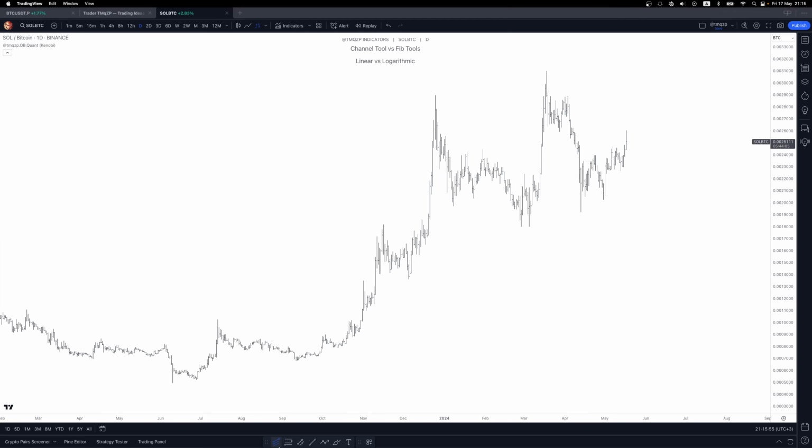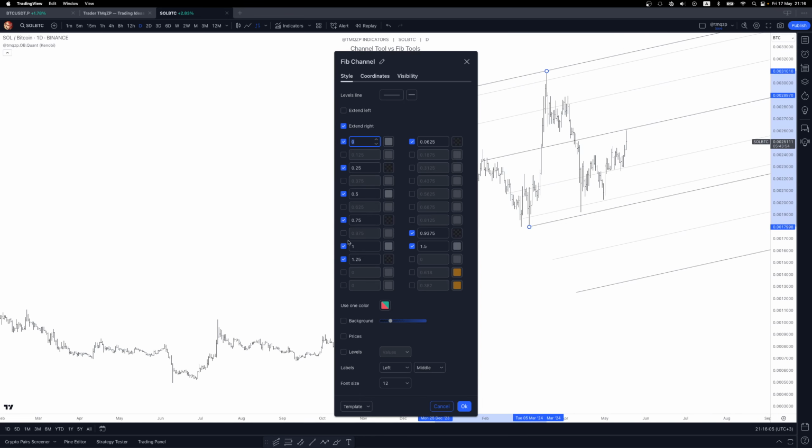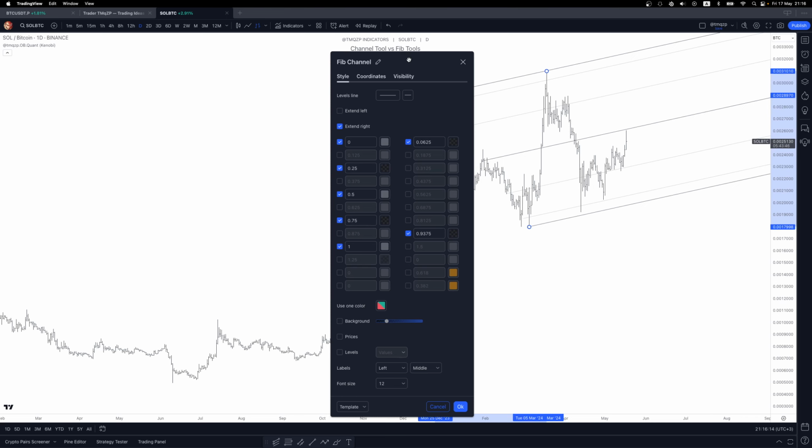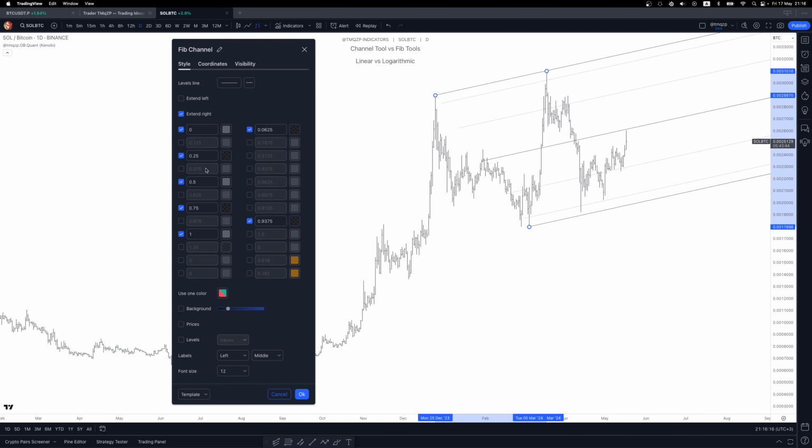And what you'll notice is that the Fib channel tool, if we do the same thing, let me just, I forgot to hide these because I was testing some stuff. We do need one. There we go. Since we're here anyway, you can now see in the settings that you can add a whole bunch of levels and play around with them.